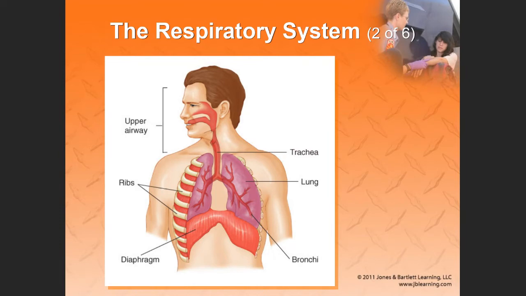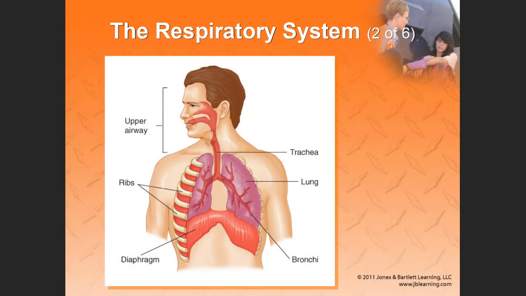WHF: warm, humidify, and filter. That function is better carried out when we breathe through our nose than when we breathe through the mouth.